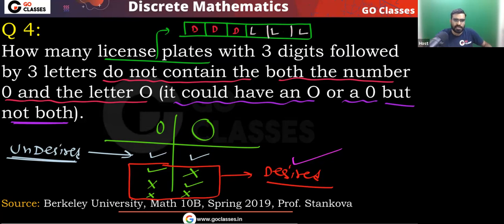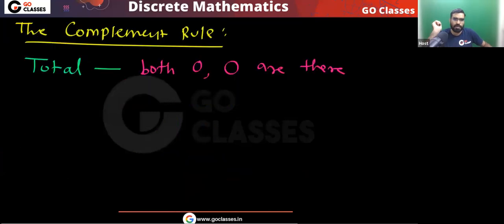Now the question is asking that both 0 and O should not be there. You can have O, that is fine. You can have 0, that is fine. But both should not be there. So the undesired case is when both are there, and you can apply the complement rule. So total minus when both are there.